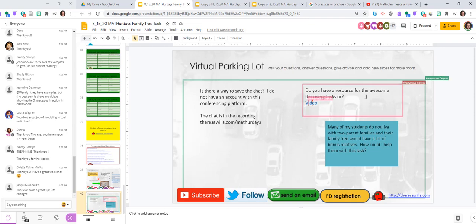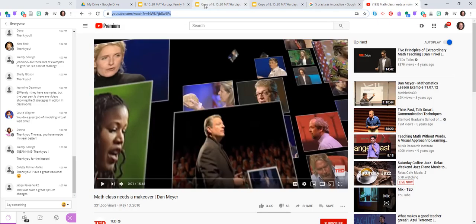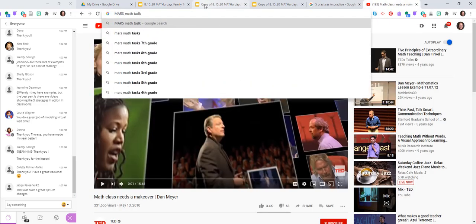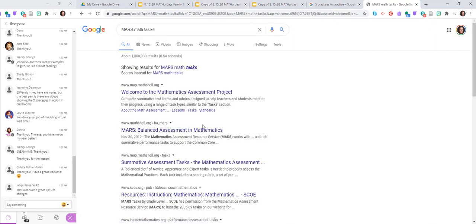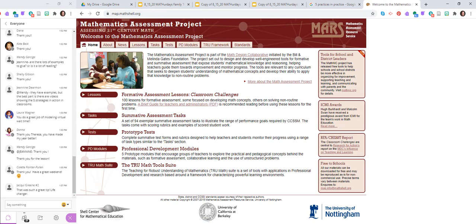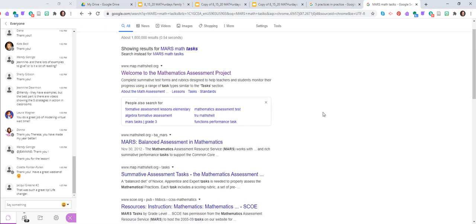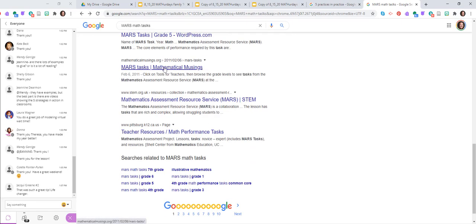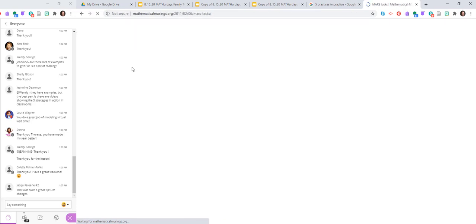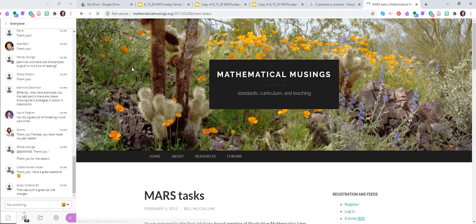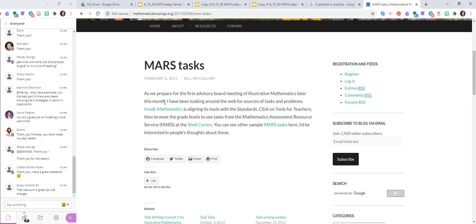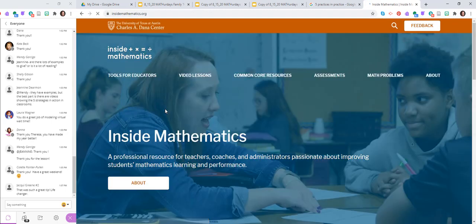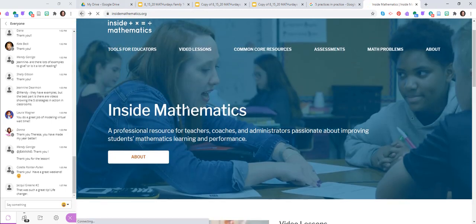In terms of where to go, you might check out Mars. Let's see. Here it is. No, it's not. I'm going to try and find this one.